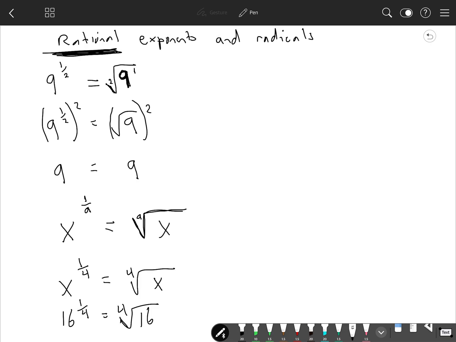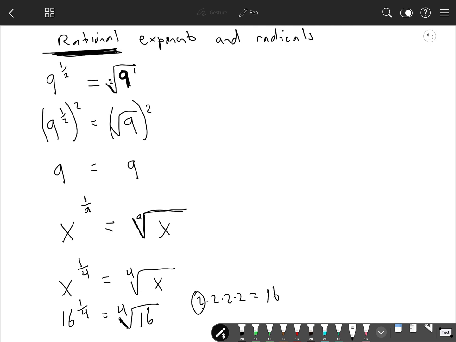What number, this 4 root is saying, what number multiplied by itself 4 times gives you 16? It's got to be a small number, and if you said 2, you're right. So 16 to the 1/4 is equal to 2. To get 16, it takes 2 times 2 times 2 times 2. And we want to take one of those, so it's to the 1/4.